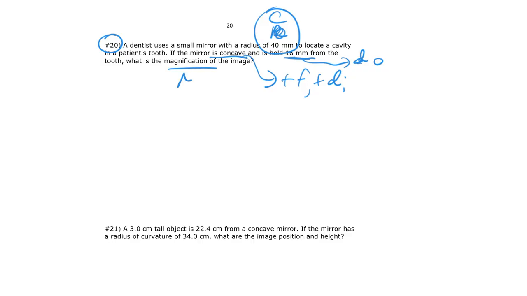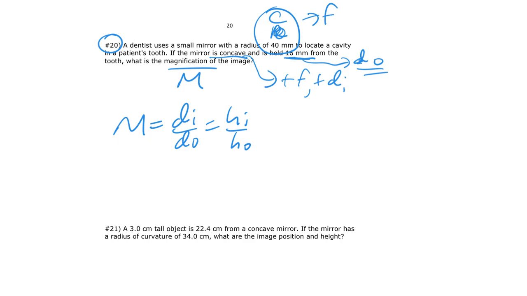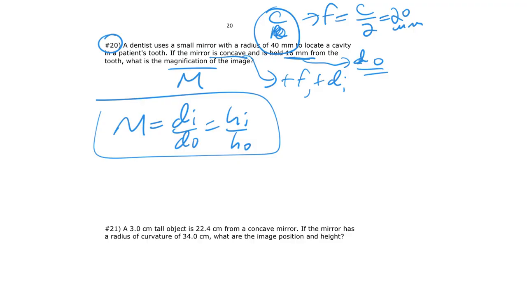What is the magnification? So magnification is DI over DO or HI over HO, absolute value. So, let's see what we got. We got DO. We got, well, we know the focal length is C over 2. So it's 20 millimeters. So I can't use this equation until I use this equation.